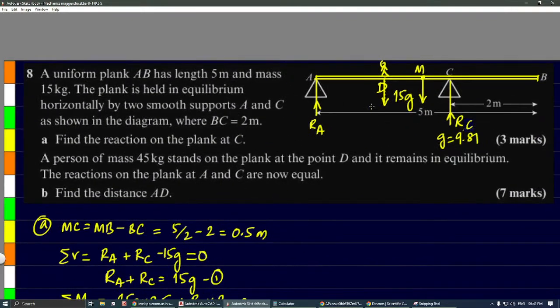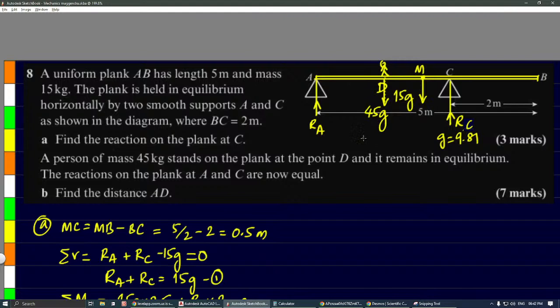What is the weight of that person? That is 45 kg, so the weight will be 45 times g, g value being this, and he stands at such a position that reactions at A and C are equal.